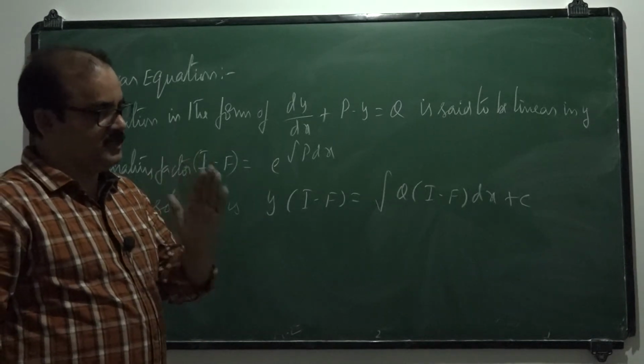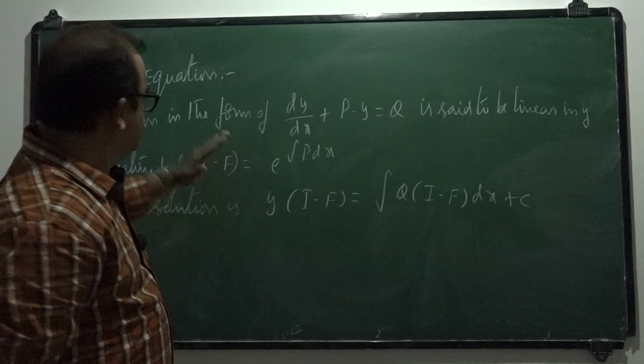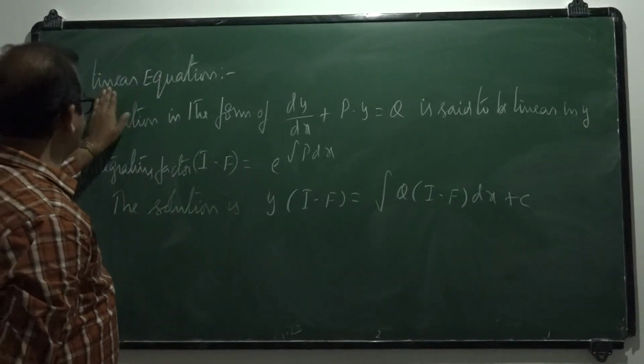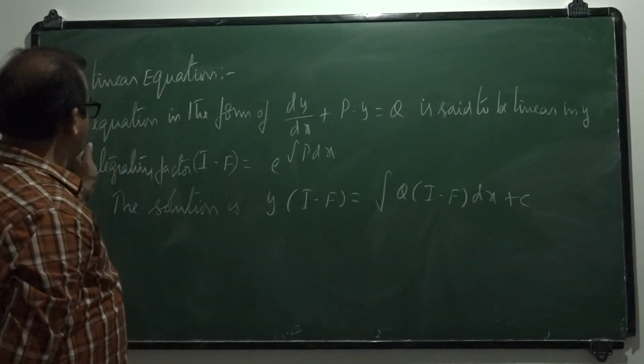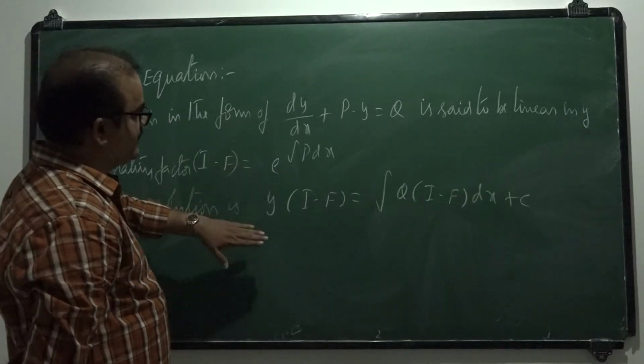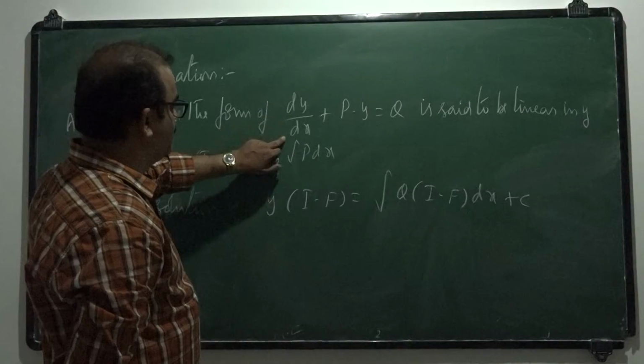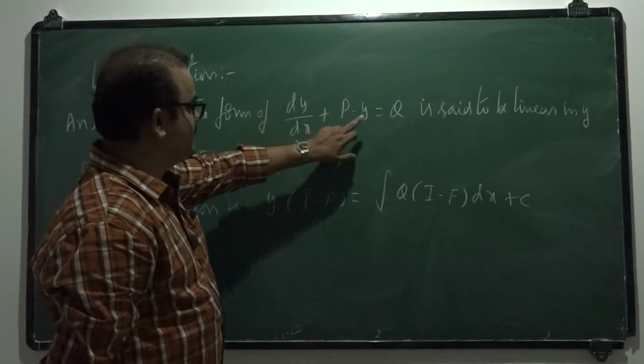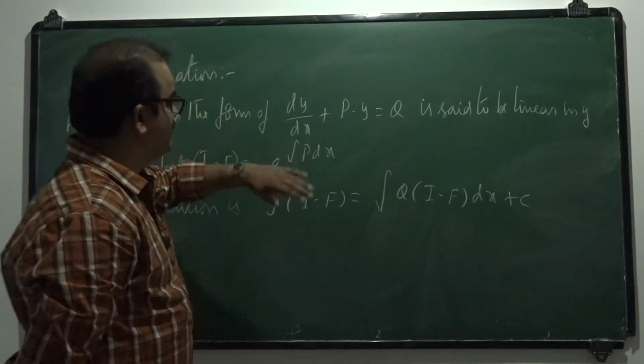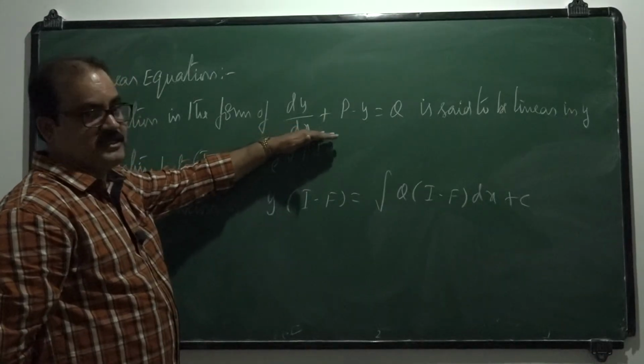If it is not homogeneous, then we go to the third method, linear equation. The equation is said to be linear in y if it is in this form, dy by dx plus p into y is equal to q. How can we solve this linear equation?